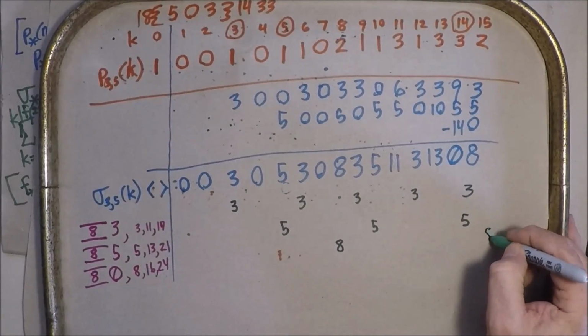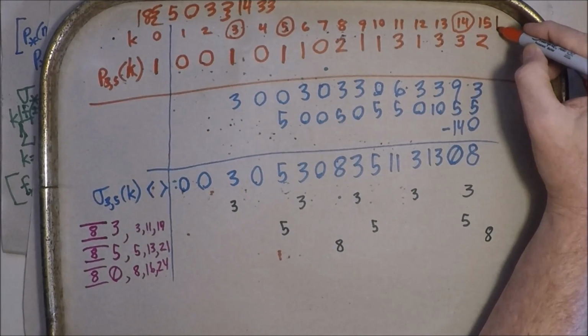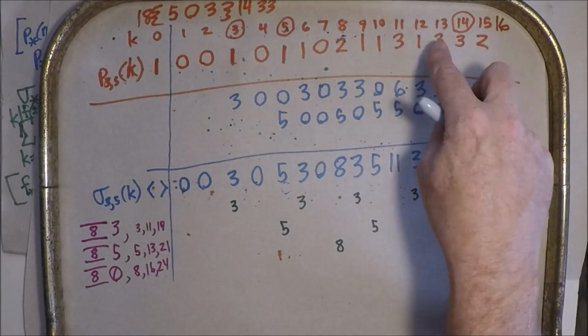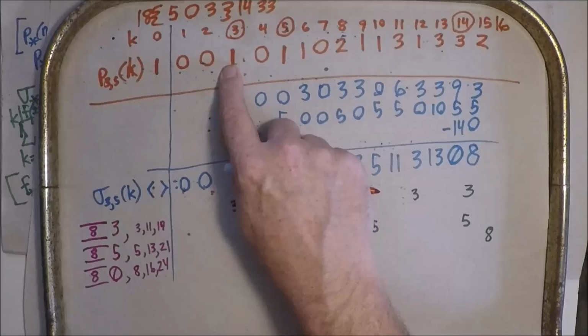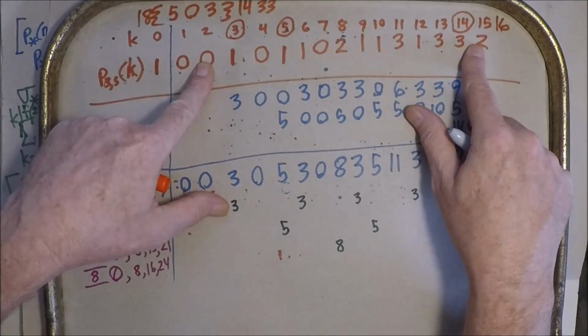And we would have 16 if we did it out here. Oh, now I gotta do it. 16 will be 1, 2, 3, and 5. 14 is here, 15 is here, 16 is here.